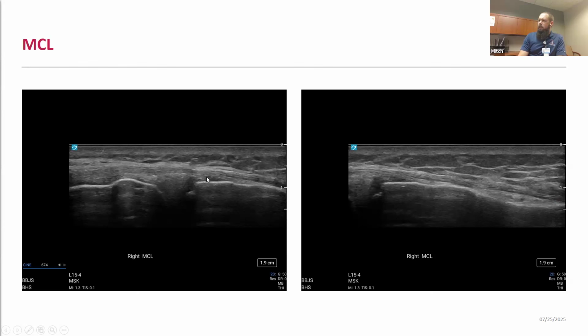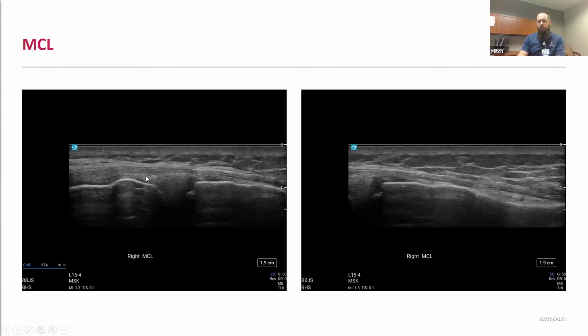In evaluating the MCL, you may also be doing dynamic stress testing as indicated. And so if they had a valgus stress to the knee or any evidence of laxity of the MCL on your physical exam, you can quantify that or grade MCL injury with ultrasound criteria. And so this is typically graded 1 to 3.